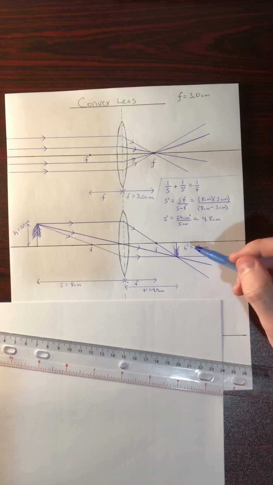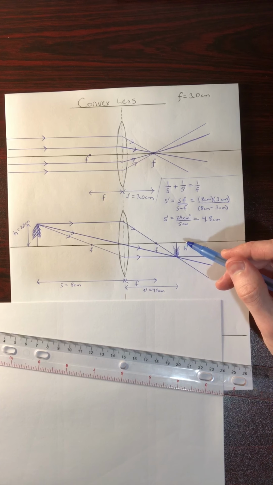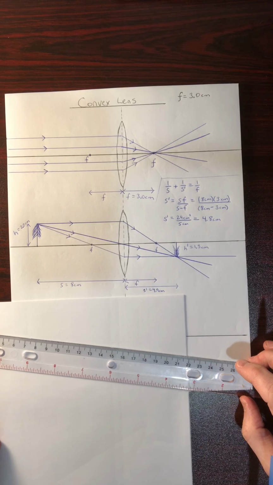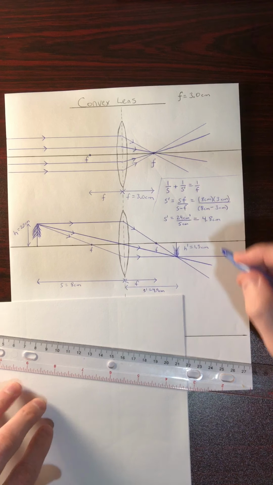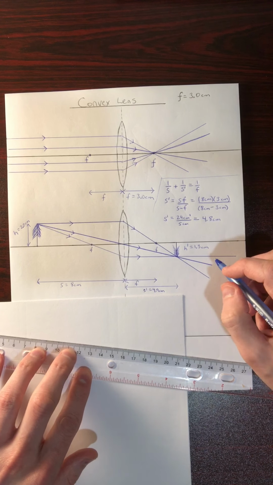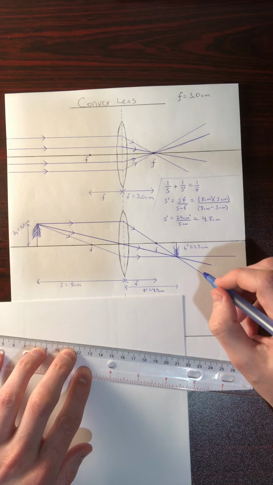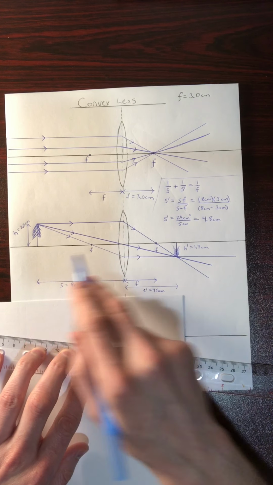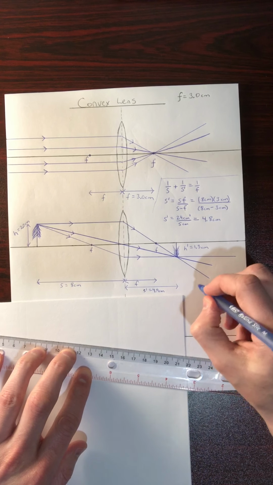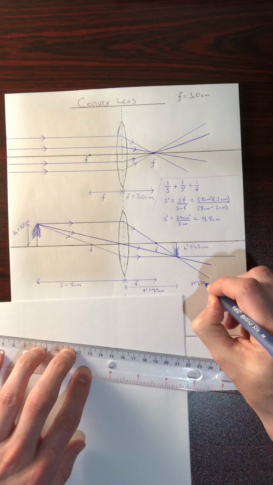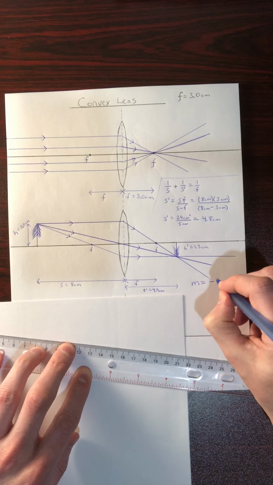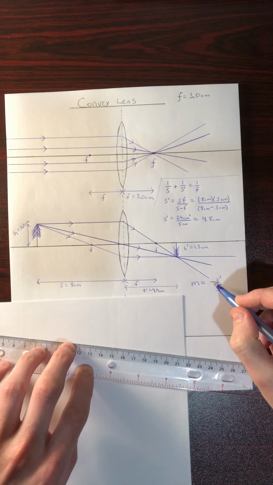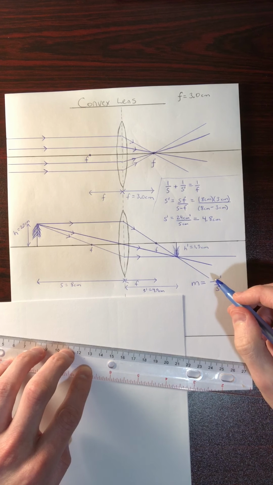Now the other thing is we could get the height of the image produced, and we're going to do that just underneath here. What we know is we can look at the magnification. The magnification depends on these two distances, the distance of the object to the lens and the image. So the magnification is going to be minus s primed over s. This minus sign helps us keep track of its orientation.